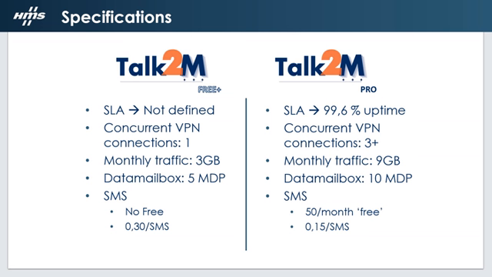Then the next one, bandwidth. With a Talk2M Free account, a maximum of 3 GB can be transferred over our servers monthly. This changed lately and used to be 1 GB in the past. At a Talk2M Pro account, this is a maximum of 9 GB a month, which used to be 6.